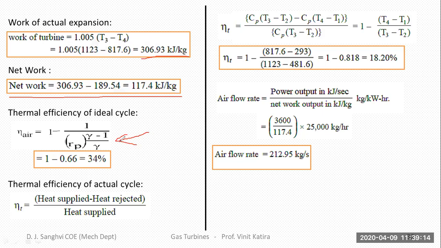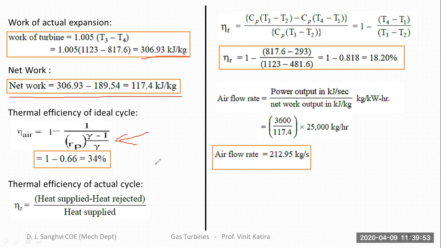Is everyone getting thermal efficiency of ideal cycle as 34%? Shall we proceed? Yes, sir.